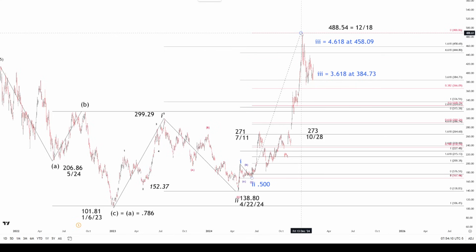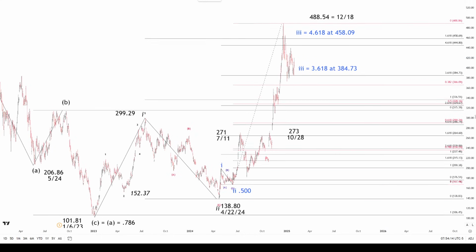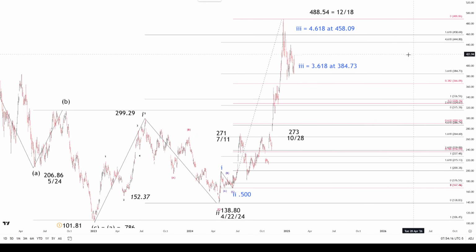So from this high, we've got these retracement targets in red, and I'll say these because those numbers are small, but the 382 is 366.09, the 50% is 328.16, and the 618 is 290.24. Okay, so this could still be developing.